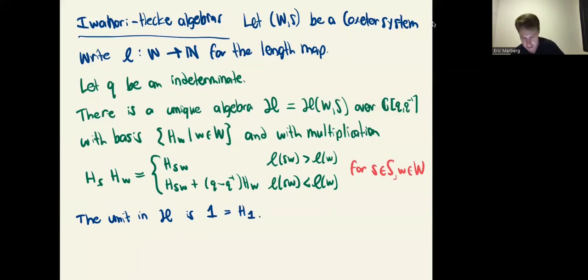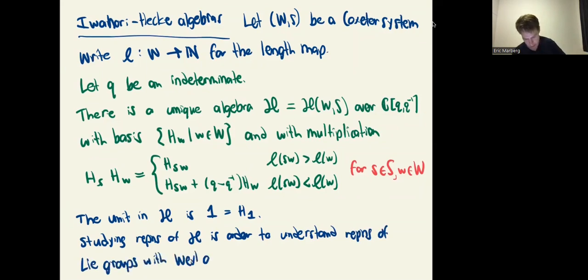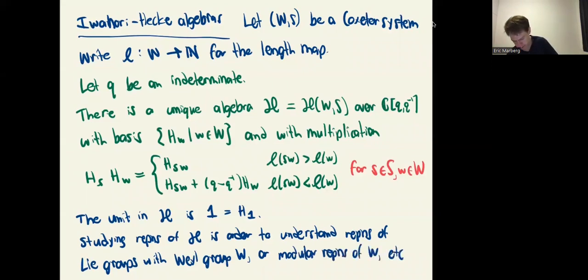And just to motivate very briefly, we want to study the representations of H in order to better understand the representations of Lie groups with Weyl group W, or modular representations of W, etc. So very vaguely, this is an interesting algebra to study for those kinds of applications.